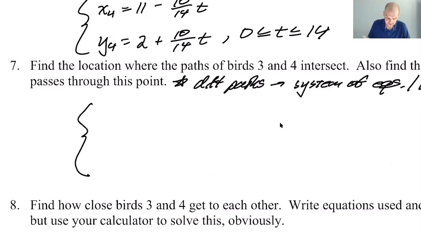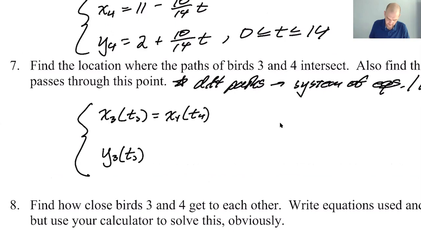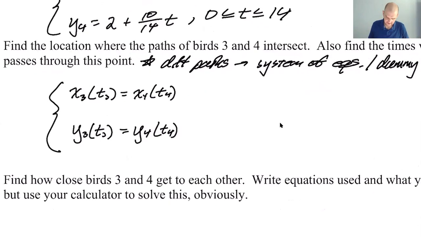So we want x3 of T3 to equal x4 of T4, their respective x coordinates equal at those times, and then y3 of T3 to equal y4 of T4. Then we'll just use the calculator to solve that.